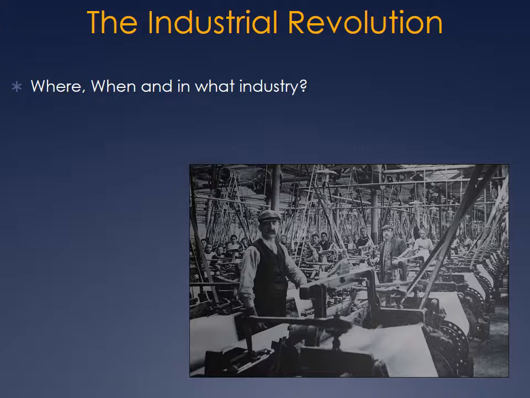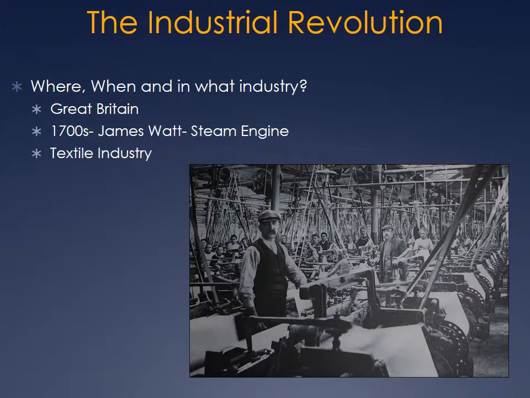Our world that we live in today, right down to your smartphone, is a product of the Industrial Revolution. So where and when and in what industry? Well, first of all, you look at what you see here, and this is the textile industry.